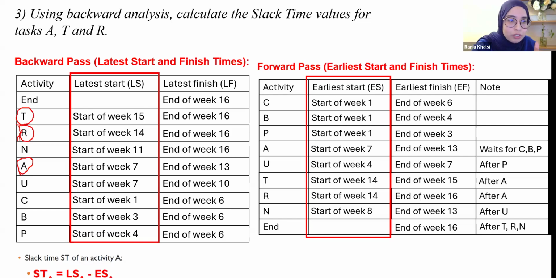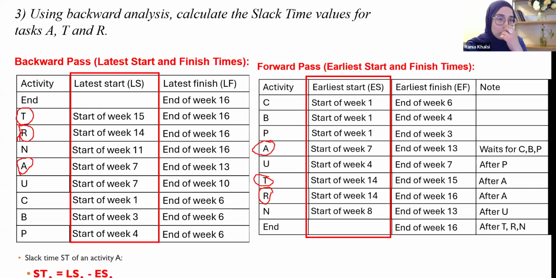So I need to figure out in the forward pass table where the activity T is. It's this one. Where is the activity R? It's this one. Where is the activity A? It's this one.